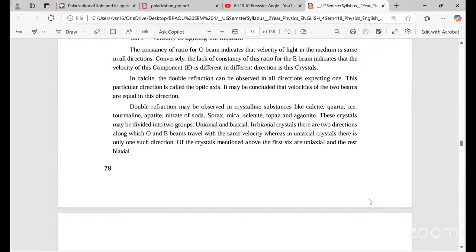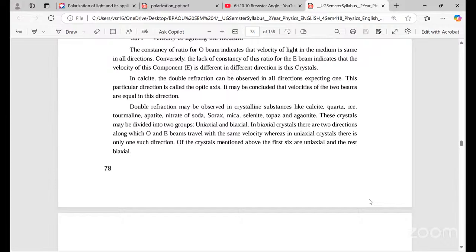Double refraction may be observed in crystalline substances like calcite crystal, quartz crystal, ice, tourmaline, apatite, nitrate of soda, borax, mica, selenite, topaz, and aragonite. These crystals may be divided into two groups: one is uniaxial, the other is biaxial.